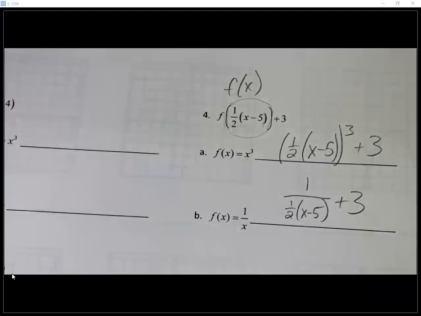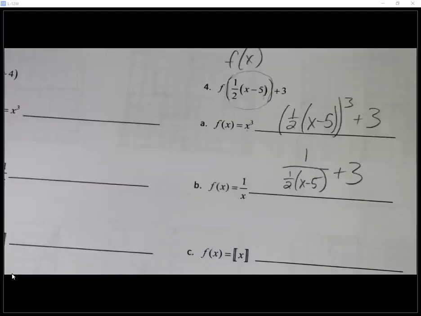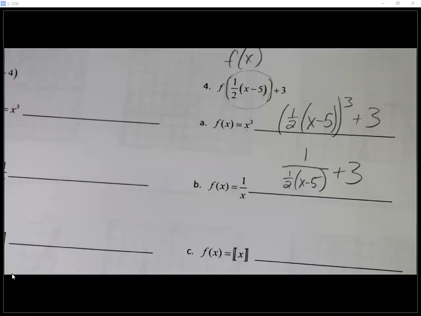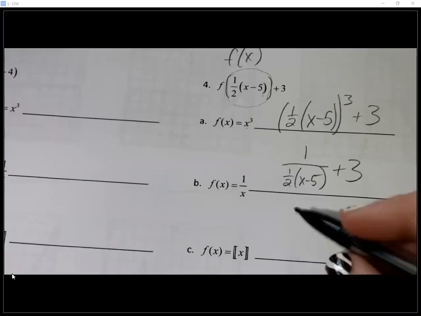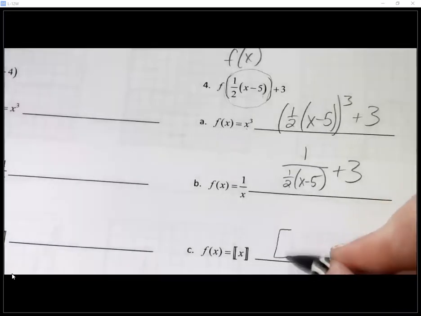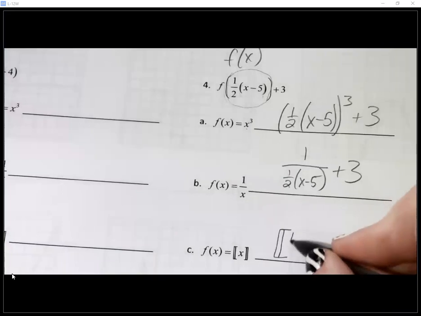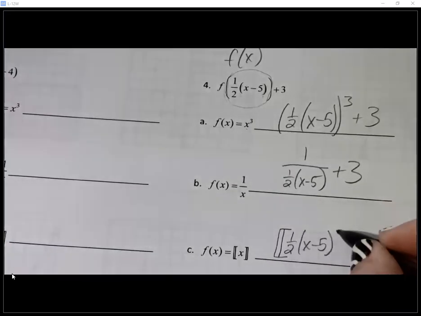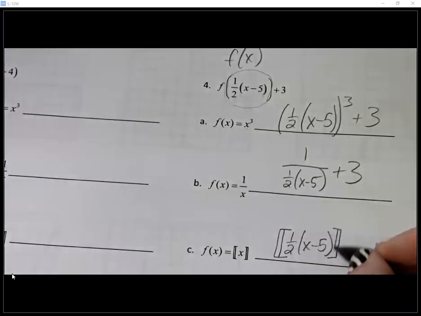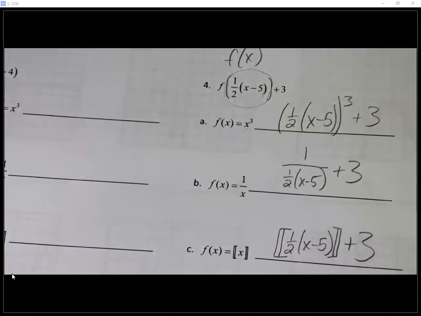So try the last one for C. Take everything in the parenthesis and dump it inside where the x is. So all of this goes in there. And then the plus 3. What would be negative 2 over x plus 5? Yeah, if you simplified it, that's fine.